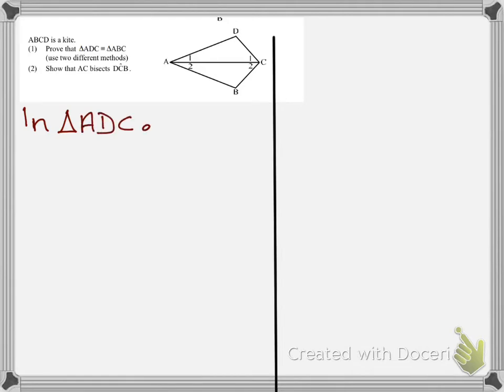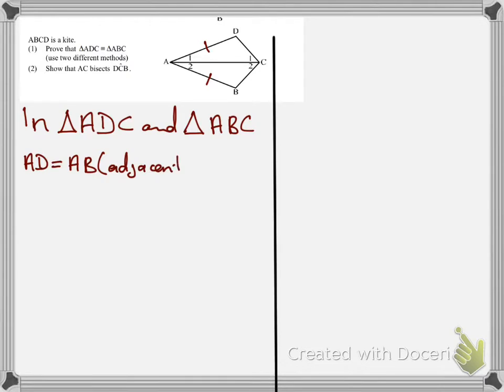So you say, remember you write in triangle ADC and triangle ABC, AD is equal to AB. Why? Because these are adjacent sides of a kite. Remember, a kite has got 2 pairs of adjacent sides that are equal. So here we took one of those, which is AD equal to AB because they are adjacent sides of a kite.